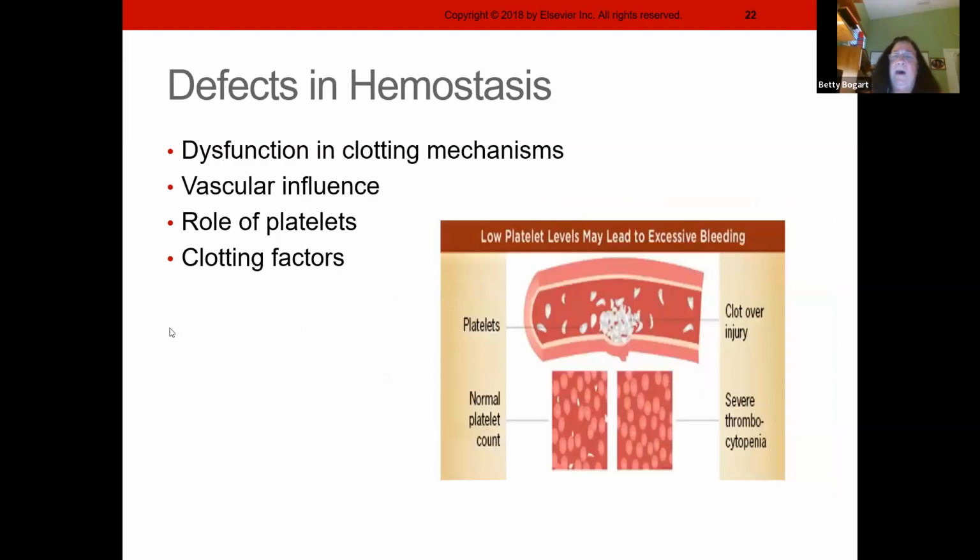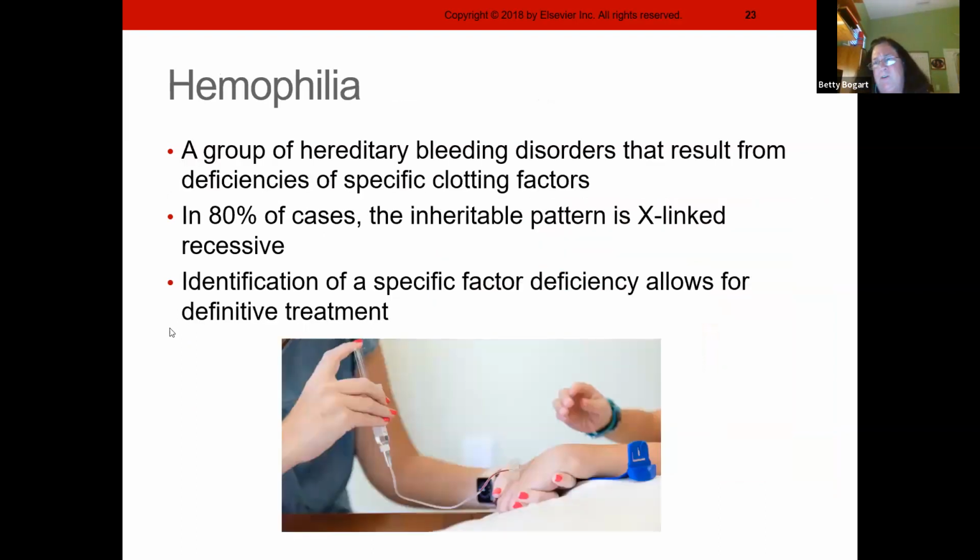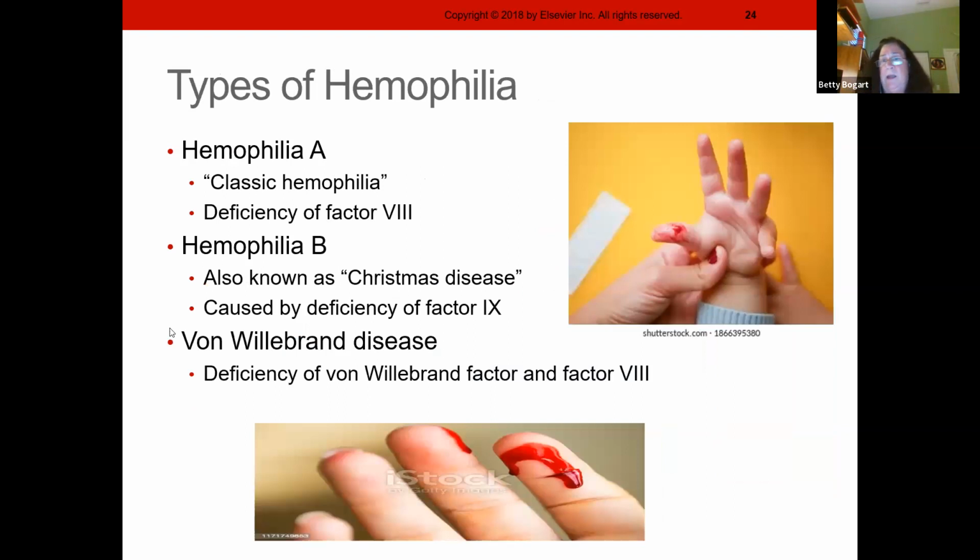Now we're going to talk about those bleeding, clotting sort of things. And the first thing we think of is always bleeding a lot. You think of hemophilia. Hemophilia is an X-linked recessive trait. Mommy gives it. And we don't always know it right at birth. Sometimes we find it later when we see bleeding going on.